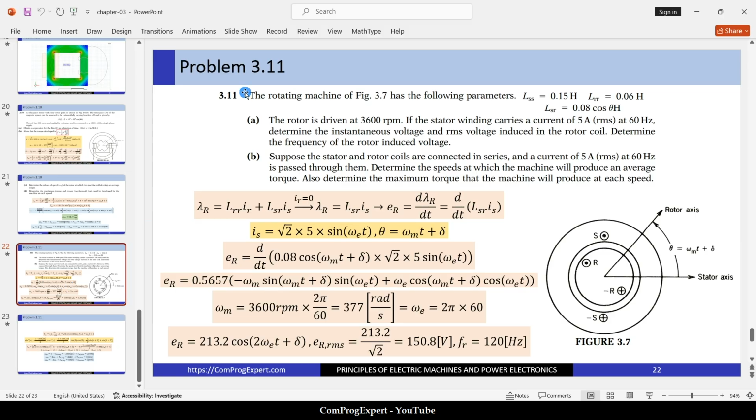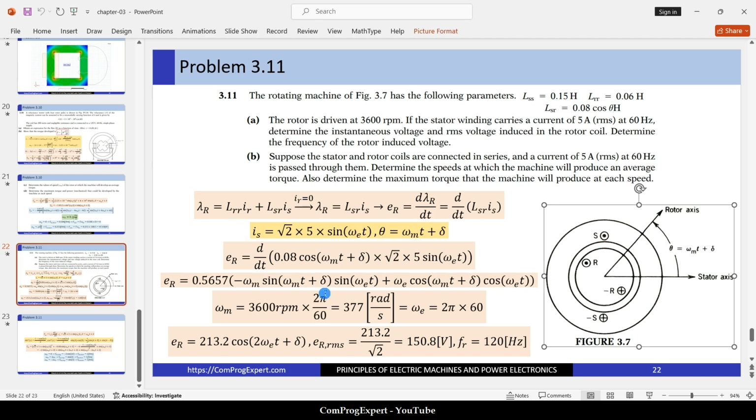Problem 11. The rotating machine of figure 3.7, this figure in the chapter, has the following parameters. The self-inductance of the stator coil is 0.15 henries.